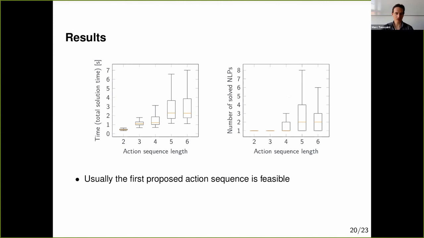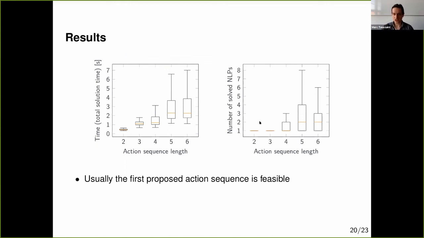Visit the paper, Danny is going to present that. The results are quite amazing, let me first explain the plot on the right. The scale here is the number of nonlinear mathematical programs that need to be solved. If a robot is in a scene and needs to solve it, how many mathematical programs, that is, tests of paths, does it actually have to compute? How many logic searches?